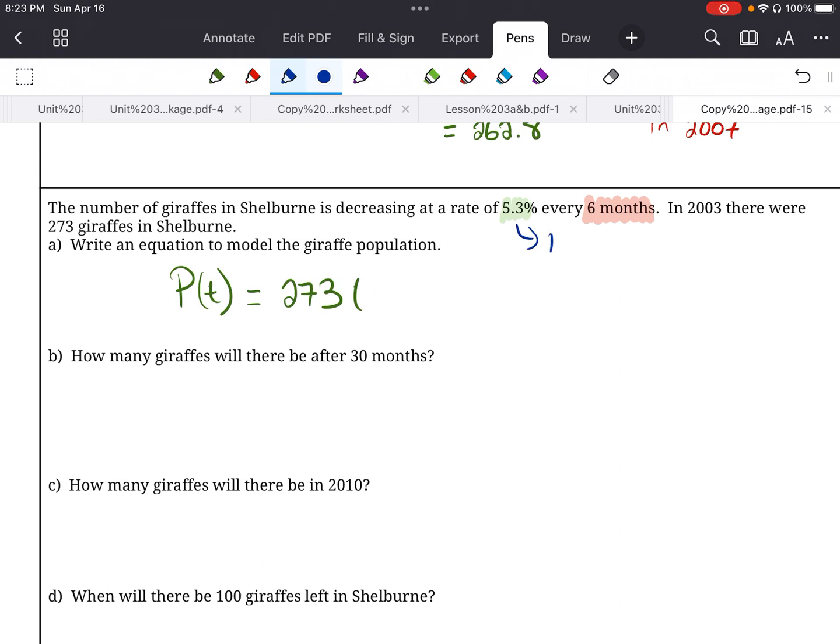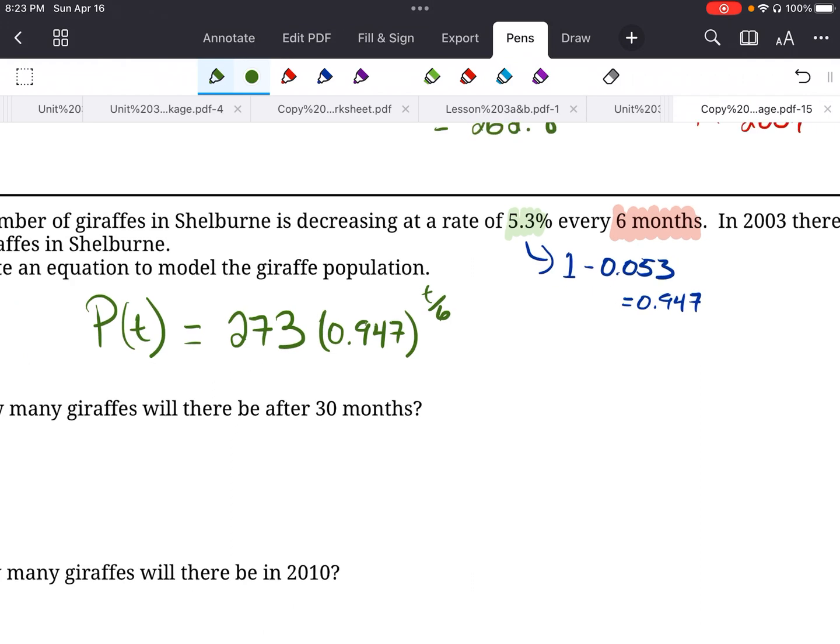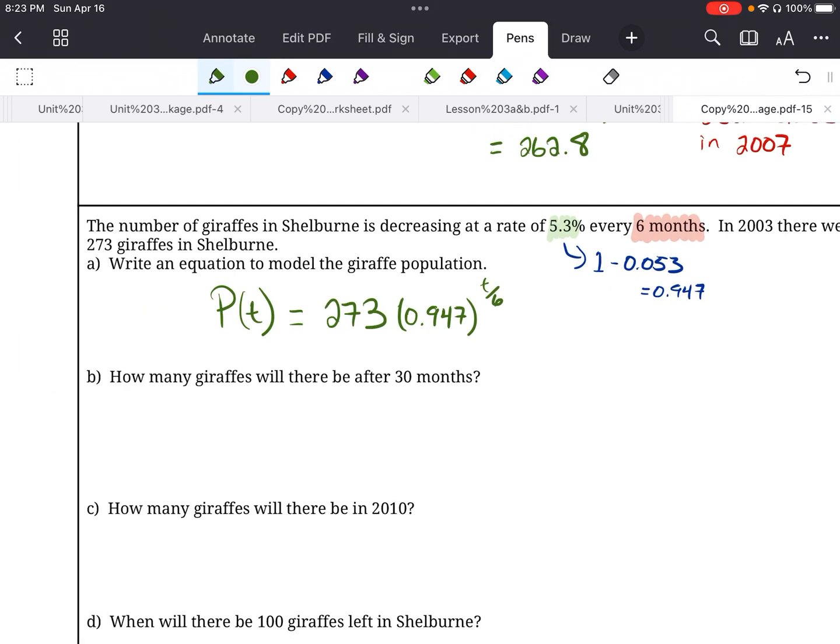It's exponential decay, so we're going to be subtracting 0.053 from 1, and we get 0.947. So that will be our decimal. And as I said, because it's every 6 months, we're going to have a fraction over 6, and we don't know the time that will be passing.